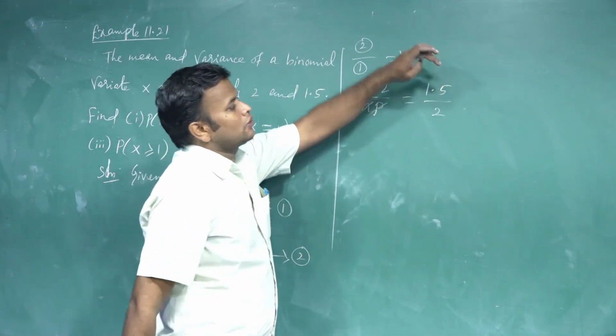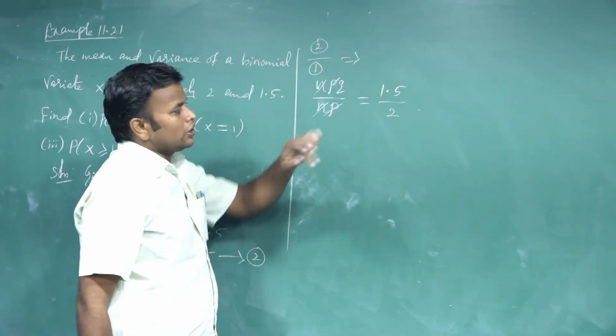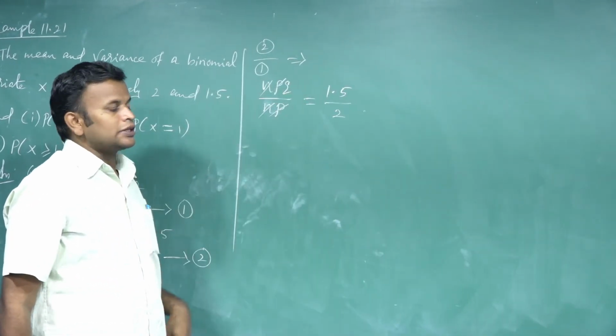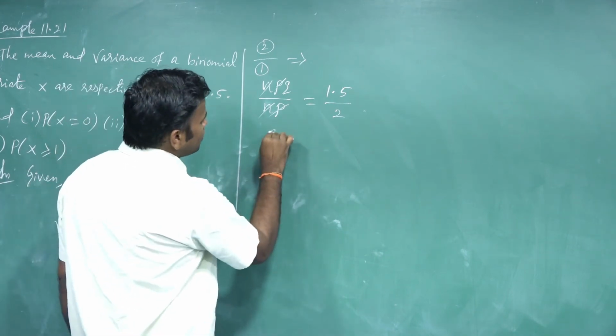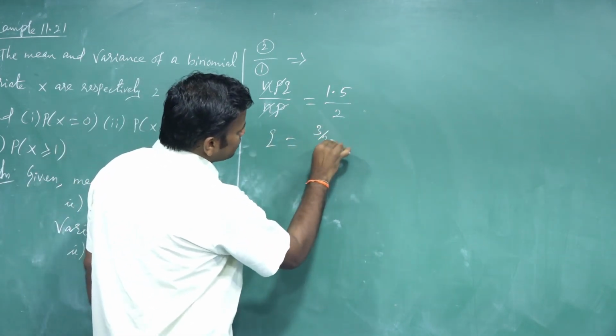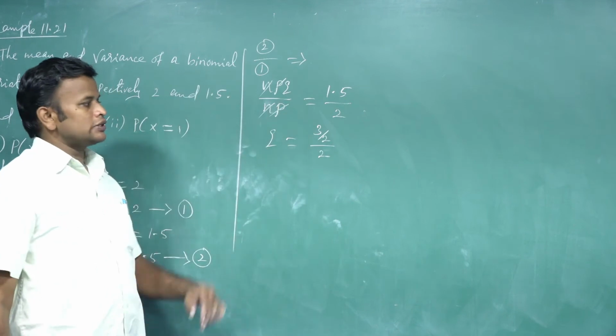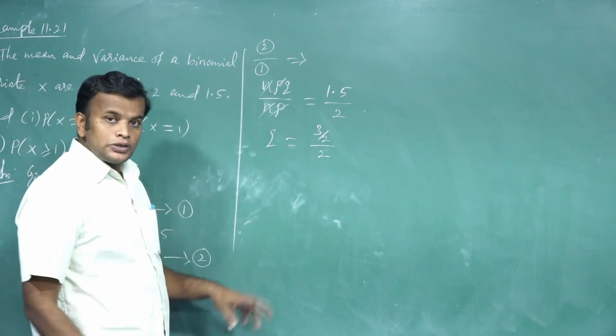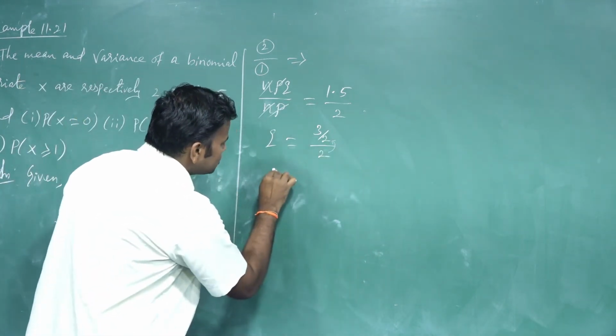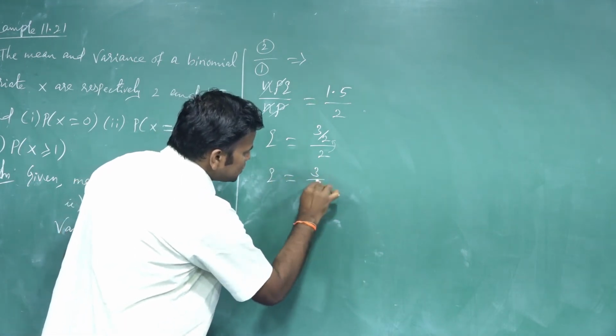In RHS, one decimal number, one whole number. 1.5 is nothing but 3 by 2. So I consider it fully in fraction. We write 1.5 as 3 by 2, 3 by 2 by 2. So this 2 goes to the denominator. So the value of q is 3 by 4.